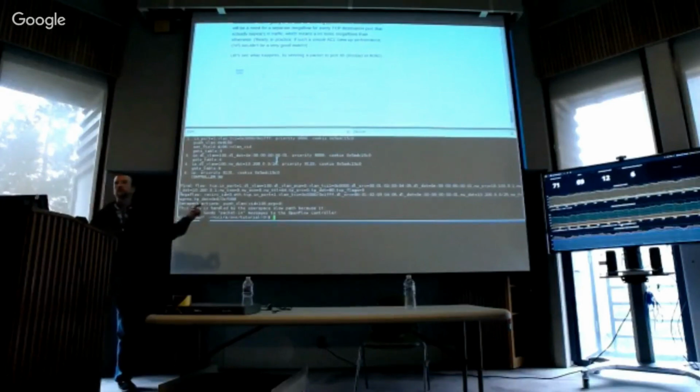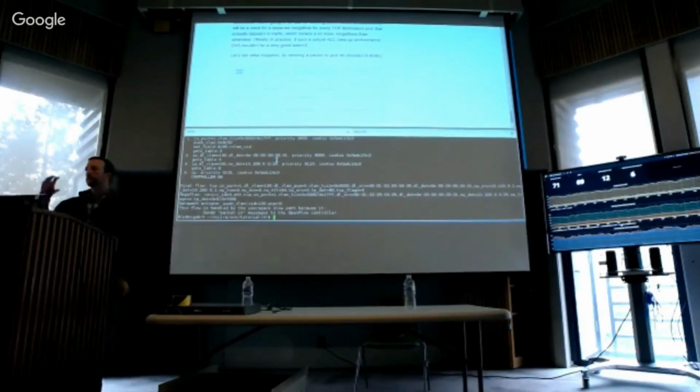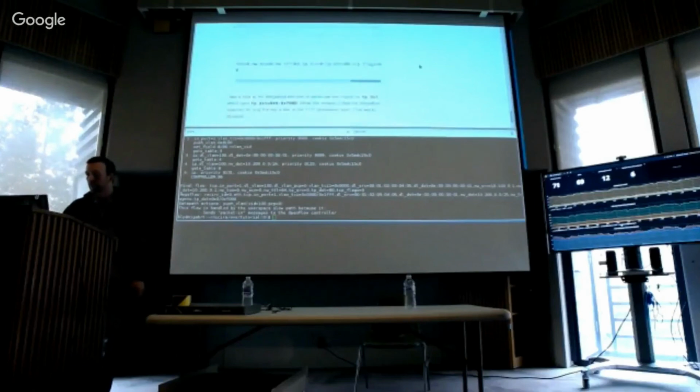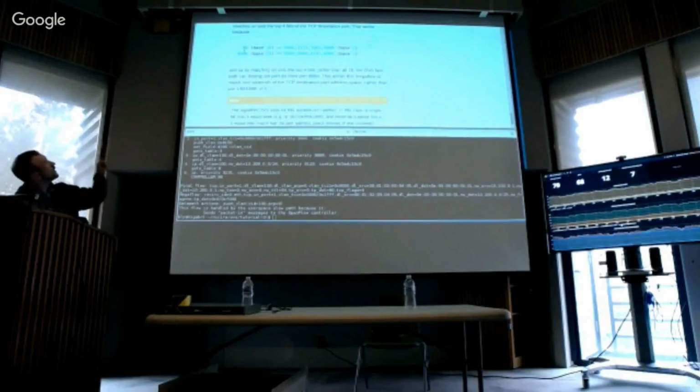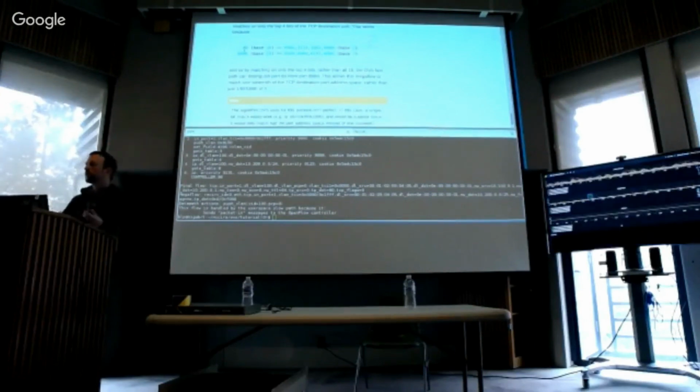OVS is actually a little smarter than you might guess, and it's saying that this Megaflow entry matches any packet that has 0 in the top 4 bits of the TCP port. It can do that because 80 and 8080 differ in those top 4 bits.